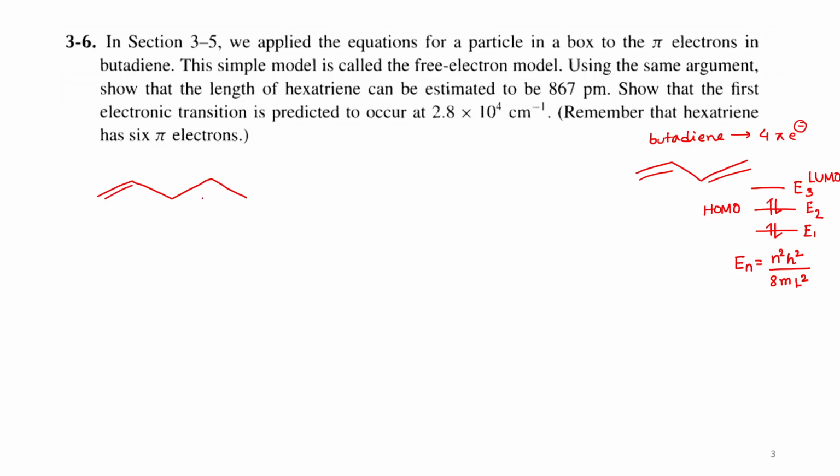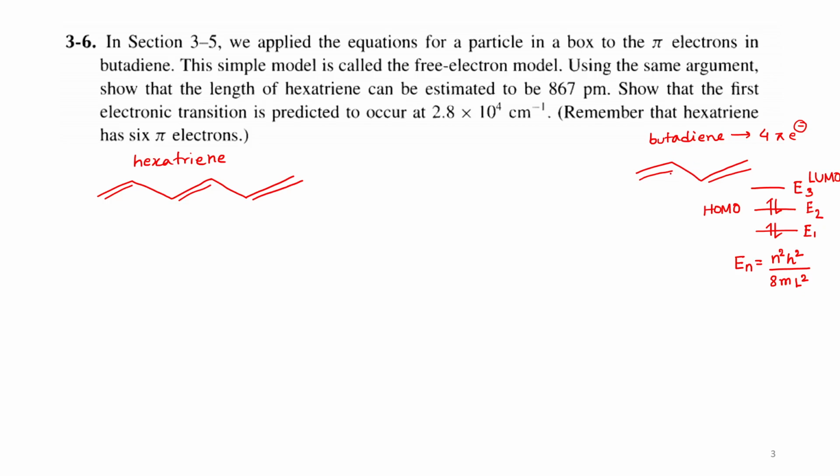Trienes means three double bonds, and so this is hexatriene. We need to show that the first electronic transition is predicted to occur at 2.8 times 10 to the power 4 centimeter inverse. Okay, so this is the structure of hexatriene.